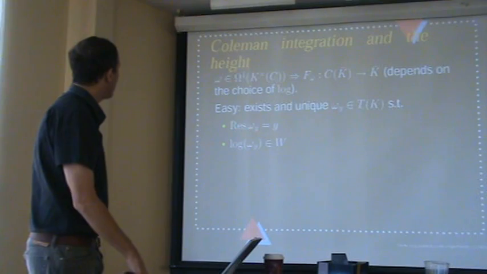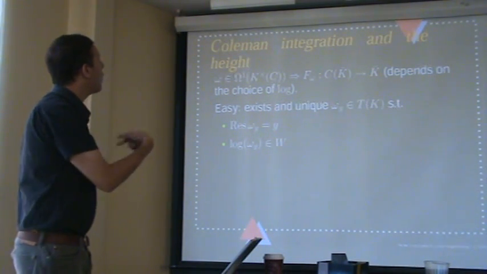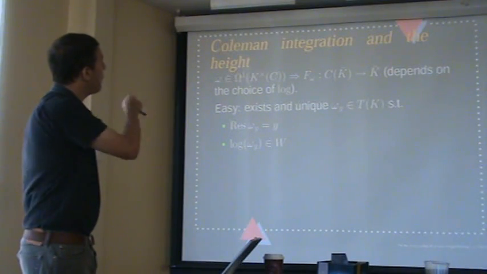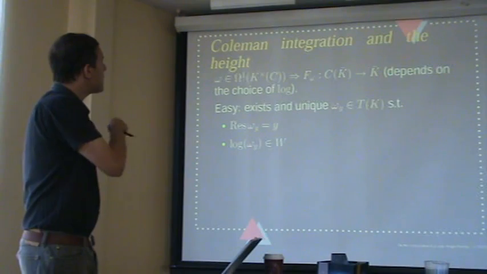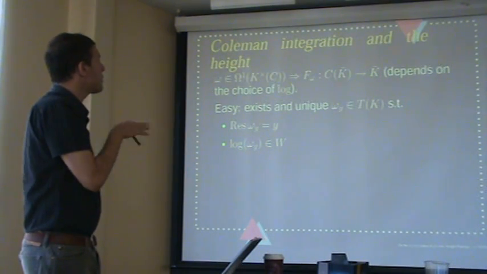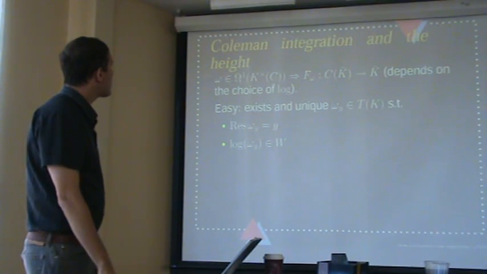I should also say two more things. One is that there's a Galois equivariance condition, so the integral of omega is Galois equivariant, and the other is that this is unique up to a constant, so there's a constant of integration which you cannot fix.